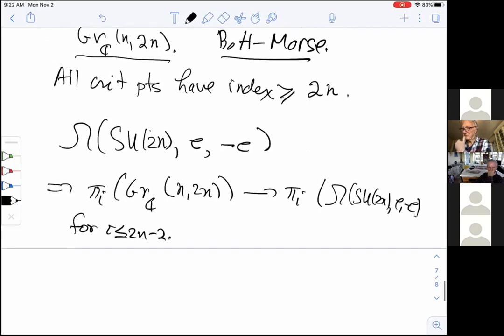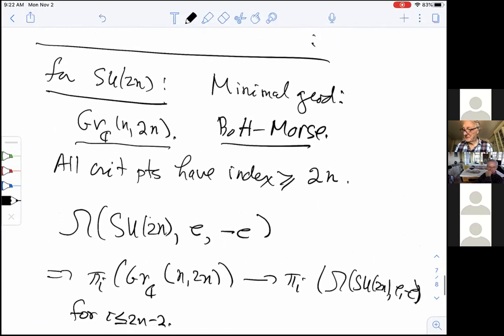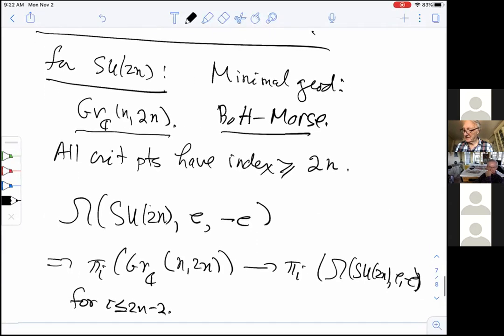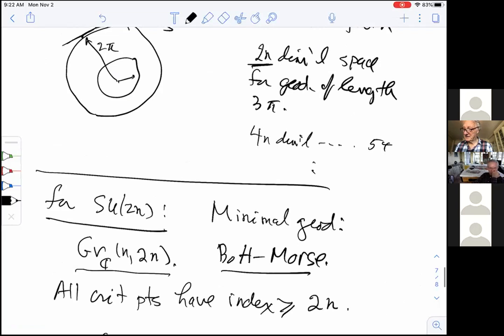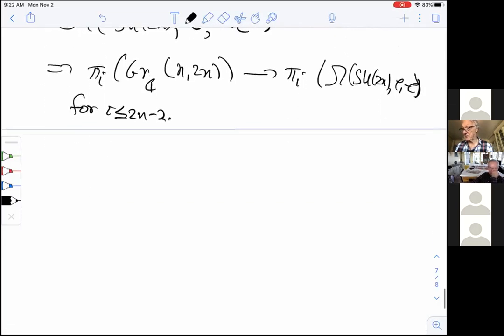Okay. So that's the original, that's the core of the Bott argument. And then you soup up using stability and so on to get the usual forms of periodicity. All right. Once again, the computations of the index are made using this theorem that says the index is related to these families of Jacobi fields that vanish at various points along the curve.